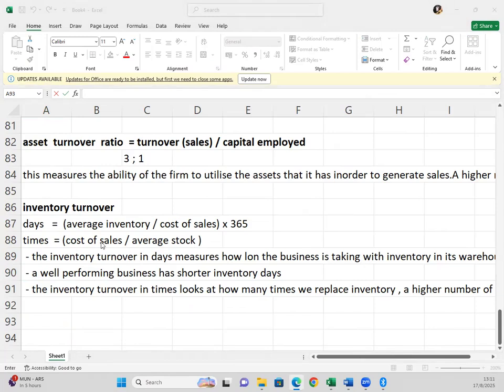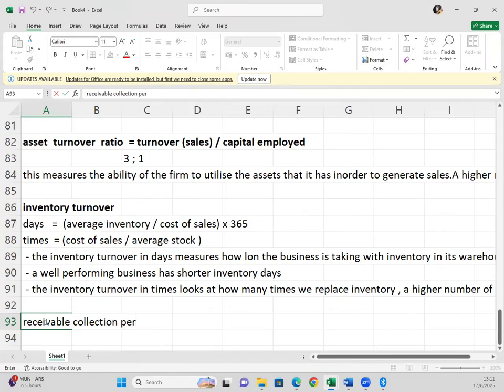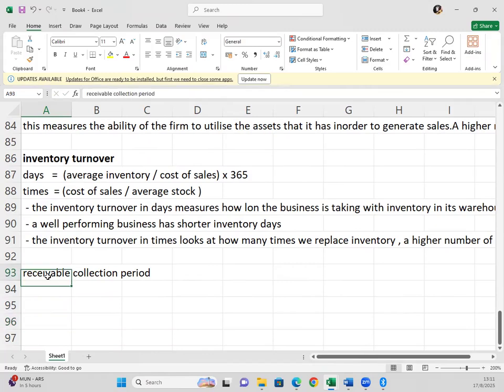Then we have the receivable collection period. This ratio is meant to measure how long it takes before we collect money from true credit sales. The receivables are the debtors. These are the people that are owing us money.